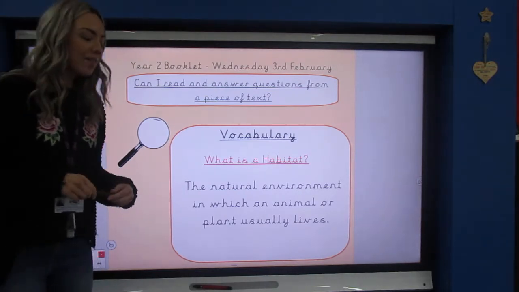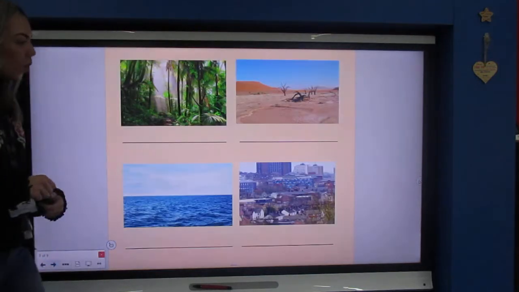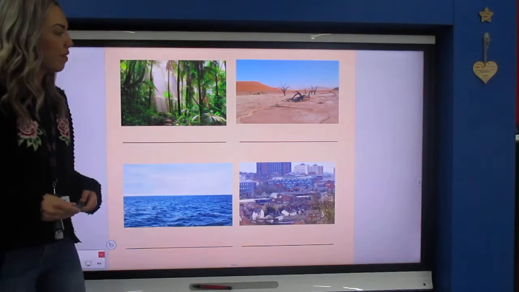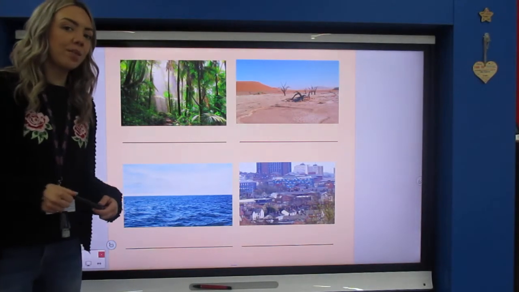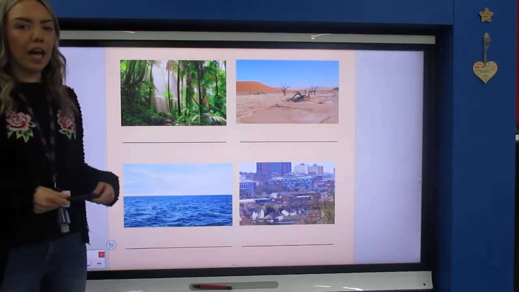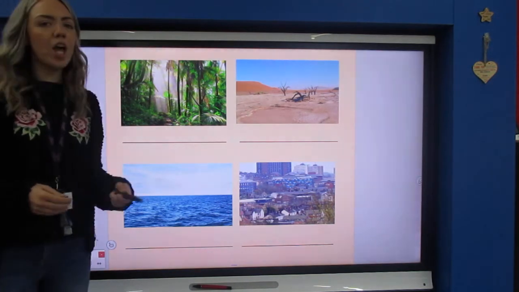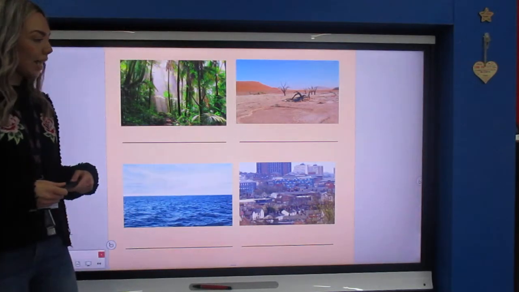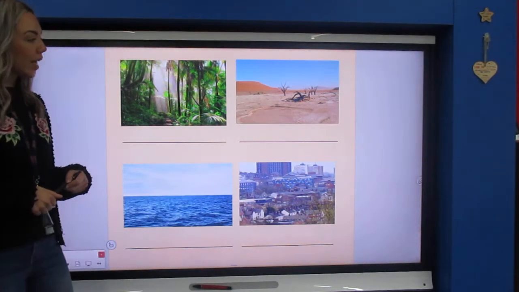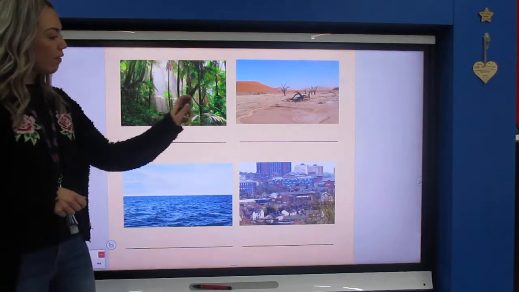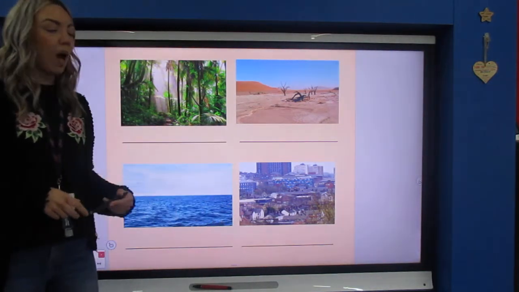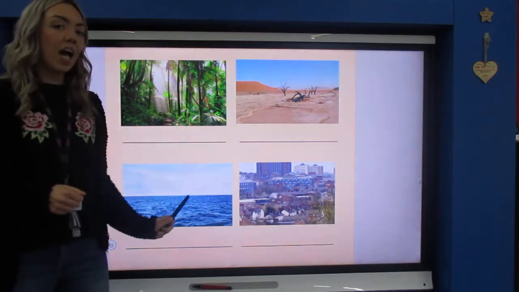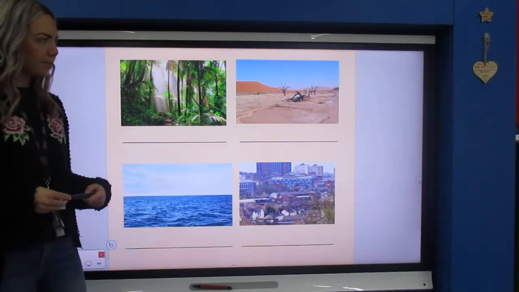So, I've now on my next board got 4 pictures of the different types of habitat we are going to look at in our text today. And I want to know if any of you know which kinds of habitats we can have. So there are 4 pictures here which represent, so which show us a type of habitat.